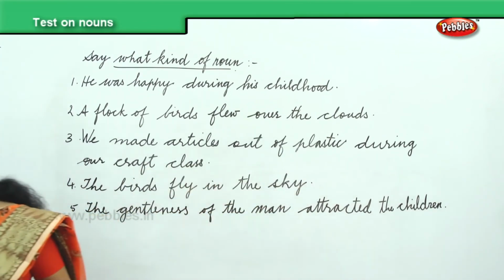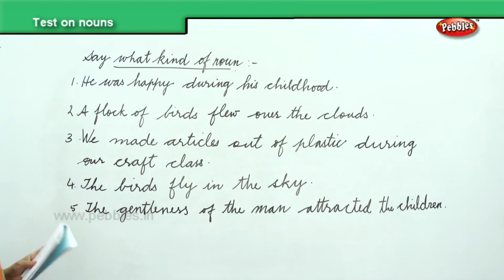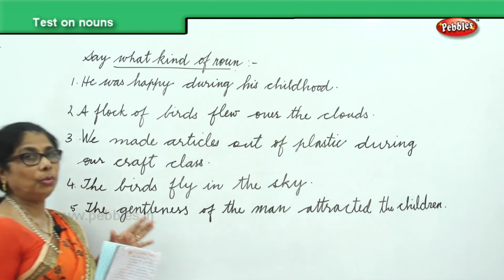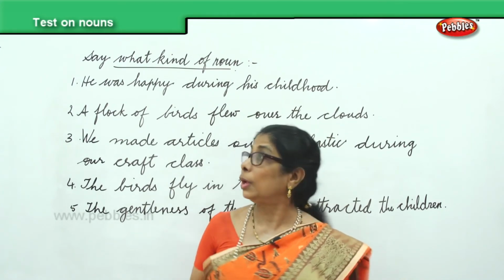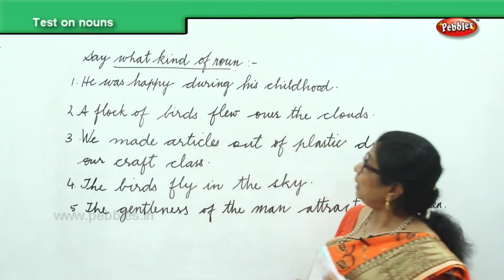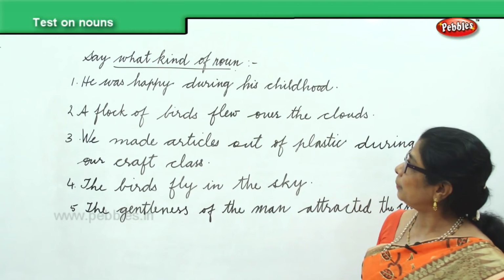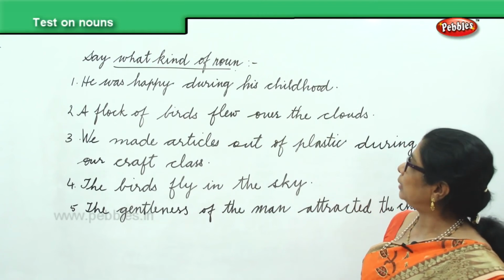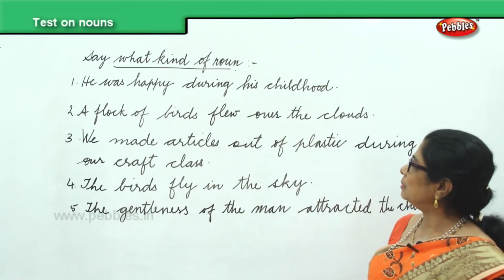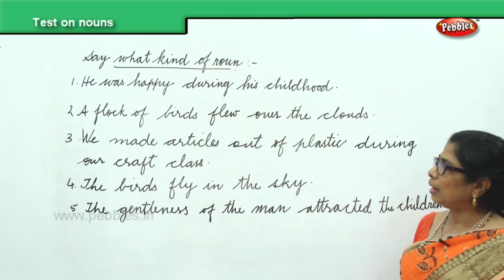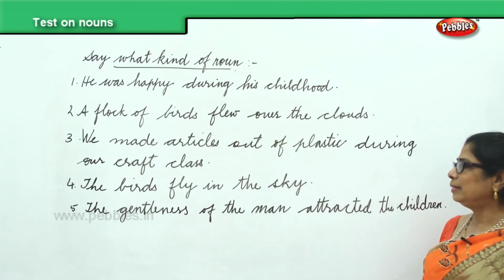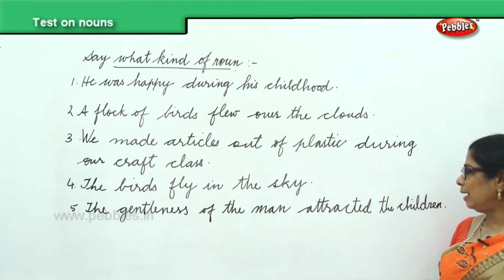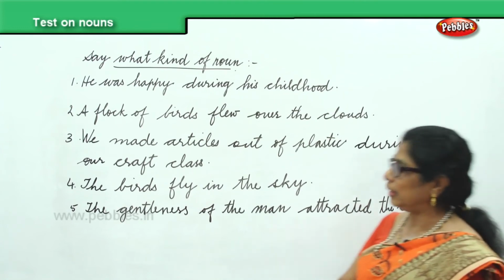Now, let's look at the sentences here. What kind of noun? We must say what kind of noun this is. We have, he was happy during his childhood. A flock of birds flew over the clouds. We made articles out of plastic during our craft class. The birds fly in the sky. The gentleness of man attracted the children.